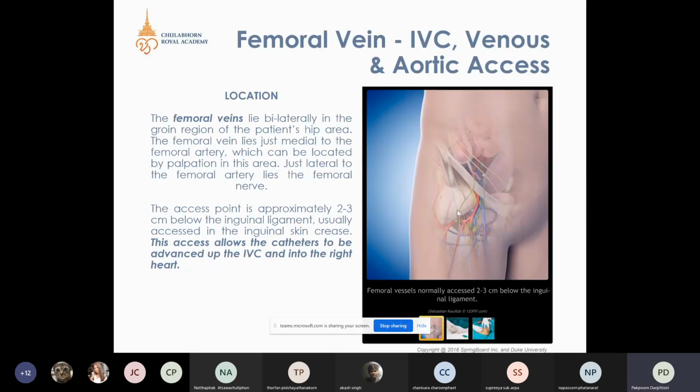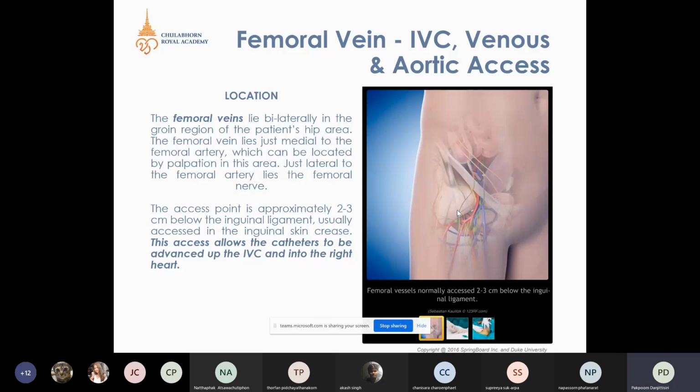The most common site for approaching the heart is the femoral veins, which lie bilaterally in the groin region of the patient's hip area, just medial to the femoral artery.